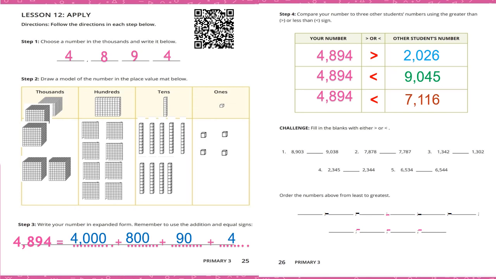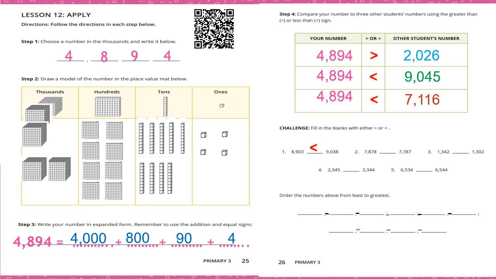Now we have some numbers and we want to compare them. In number 1, in the challenge part, let's read the numbers. 8,903. The other number, 9,038. Which is greater? 9,000 or 8,000? Sure, 9,000.